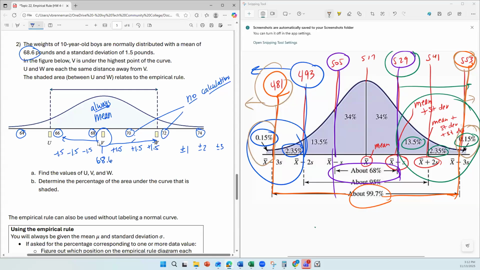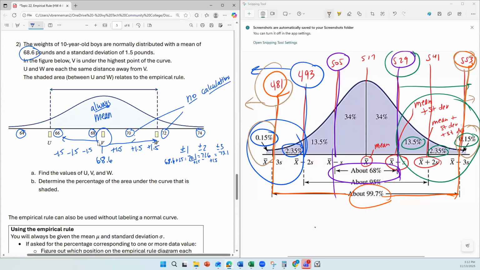I'm starting with the 68.6. If I add 1.5 one time, I get 70.1. If I add 1.5 again, I get 71.6. And if I add 1.5 again, I get 73.1. So those are my possibilities for W.